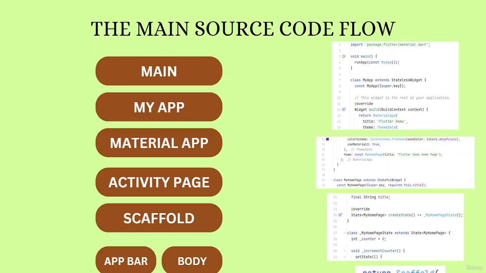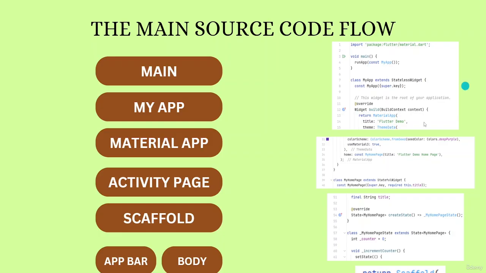The first function applied for working the main source code is the main function. The main function is the most important function for creating your main source code.